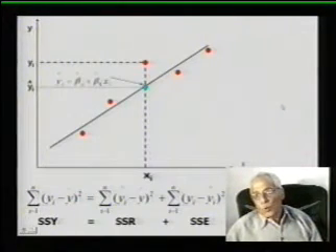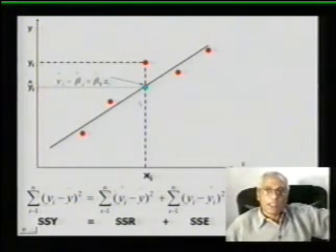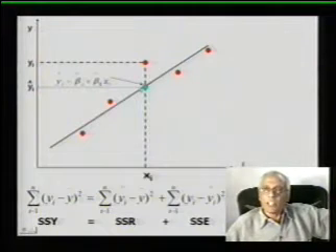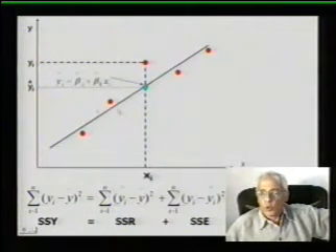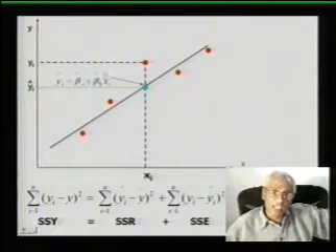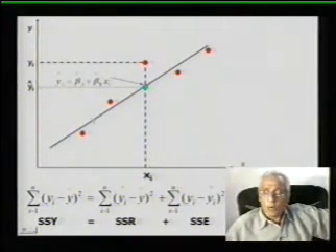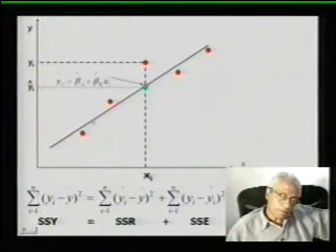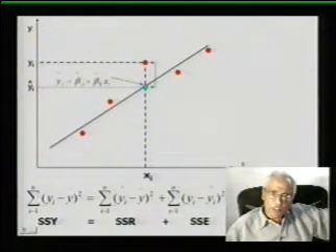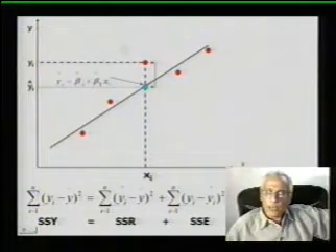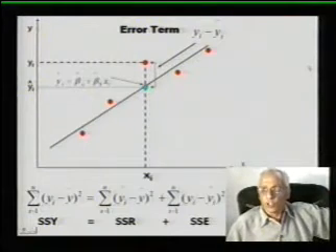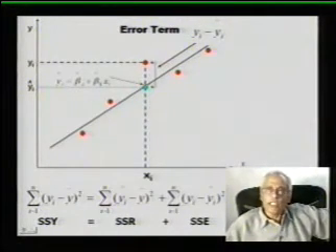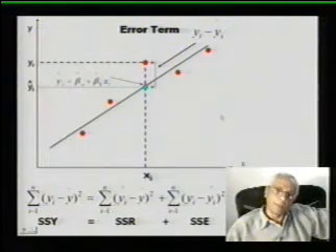Second, any point on the fitted line is the estimated y. That's the y hat, which we know where it came from: an estimate of beta 0, remember that was b0, plus an estimate of beta 1, which was b1, times xi. That creates a difference here between the actual value and the predicted value. That deals with this term here, the error term.